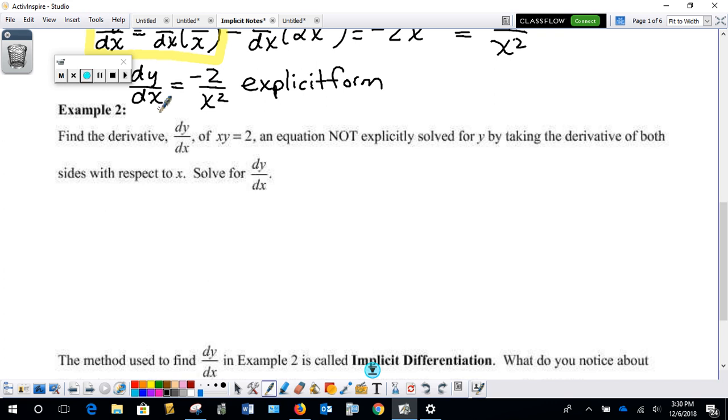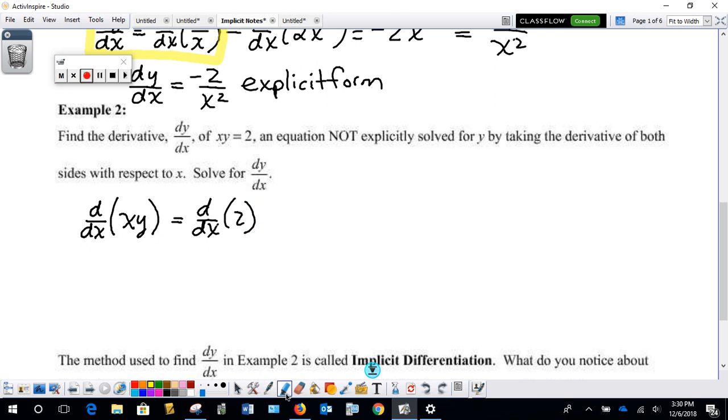All right, so now the key with your implicit differentiation is I'm going to do the same thing I did in the first one, which is I'm going to take the derivative of both sides of the equation. So it starts out, and we write the derivative with respect to x of xy equals the derivative with respect to x of 2.